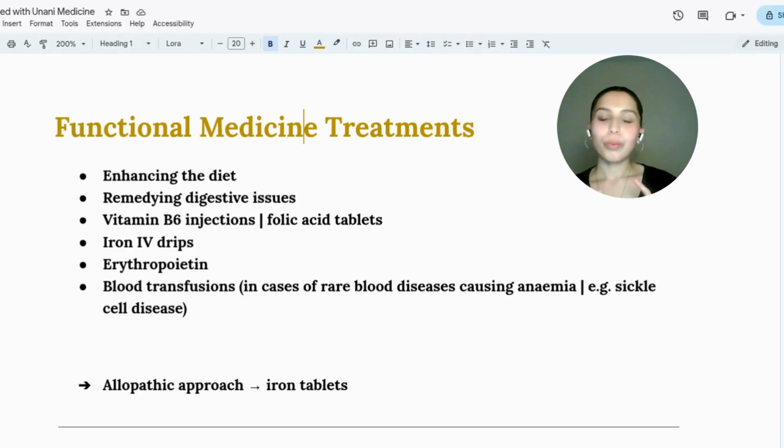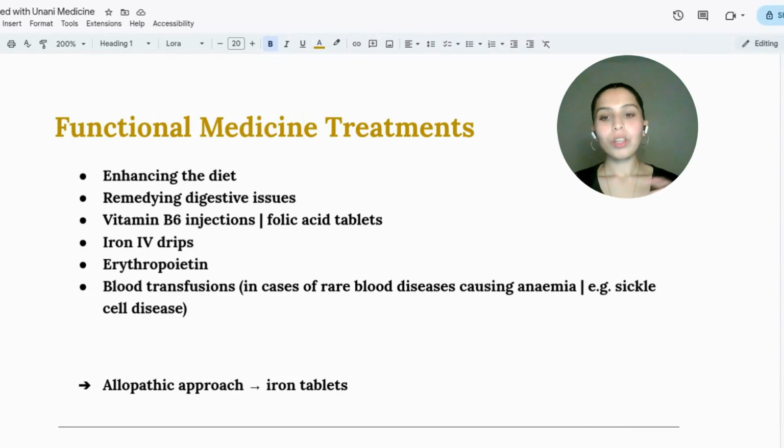So we touched upon low hydrochloric acid, so increasing hydrochloric acid, dealing with any parasite issues, any other digestive issues, for example, diarrhea, constipation, anything that would impact the absorbability of nutrients. In addition, there are vitamin therapies also that are commonly used and recommended.